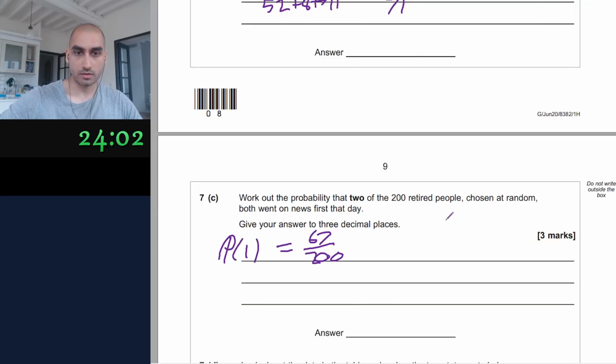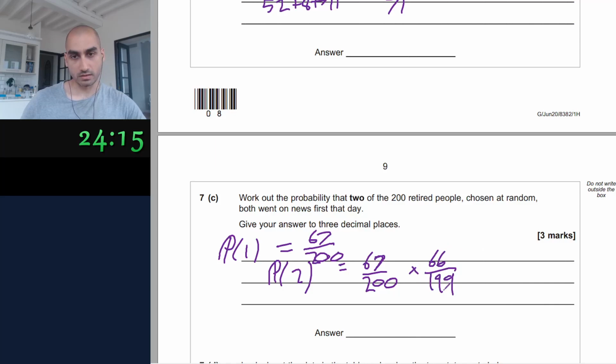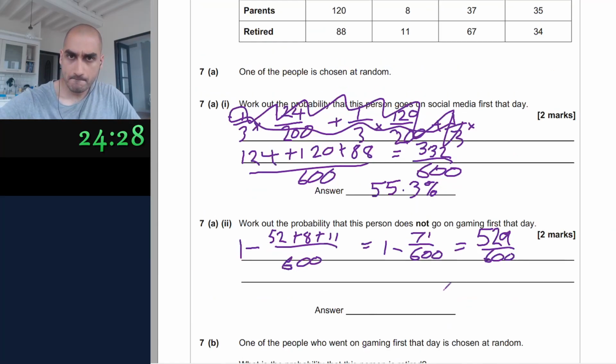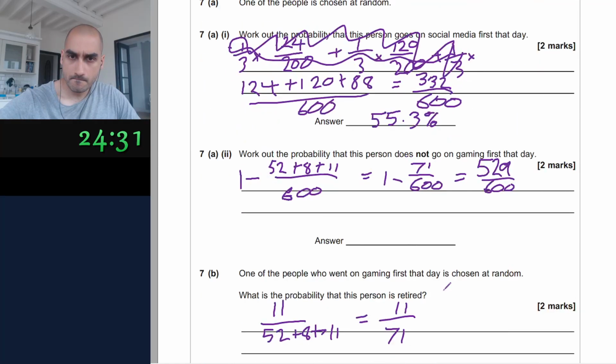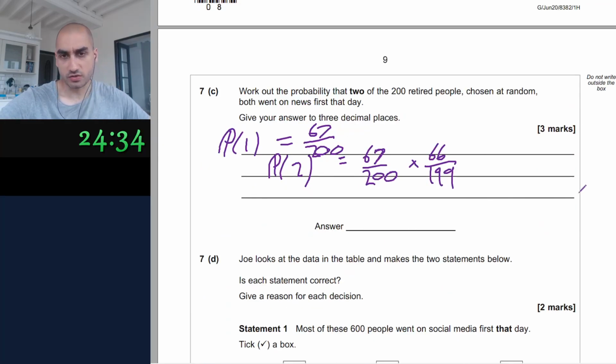And the probability of the second person, so it's without replacement, so that times 66 out of 199. 67 out of 200 times 66 out of 199.